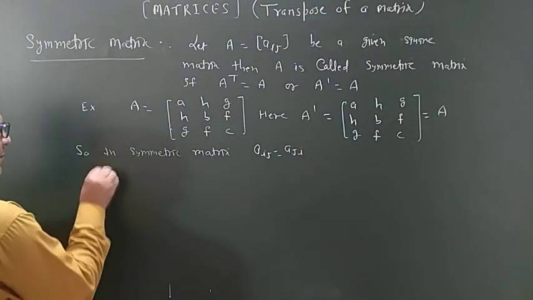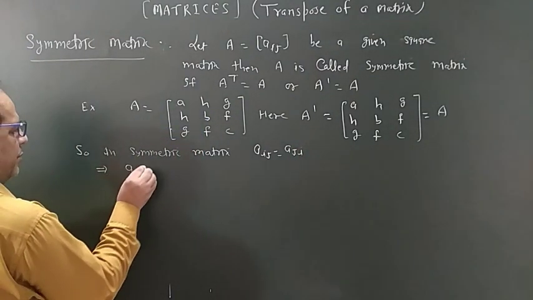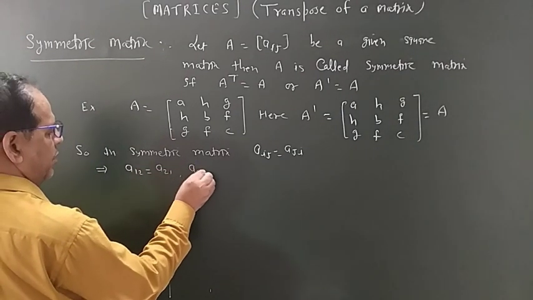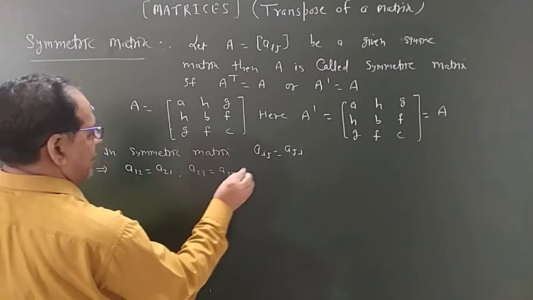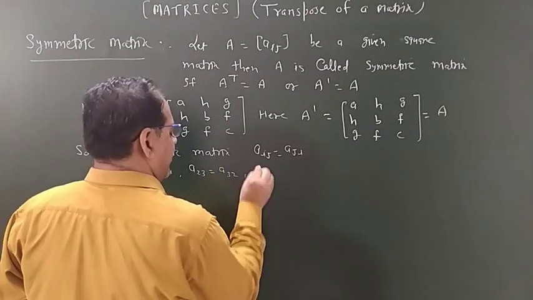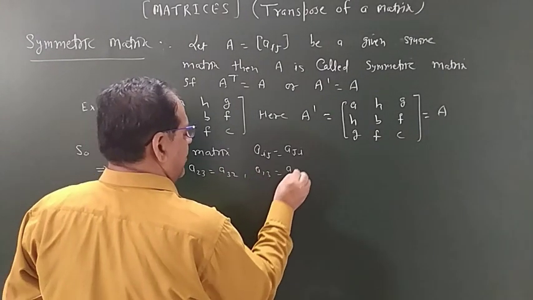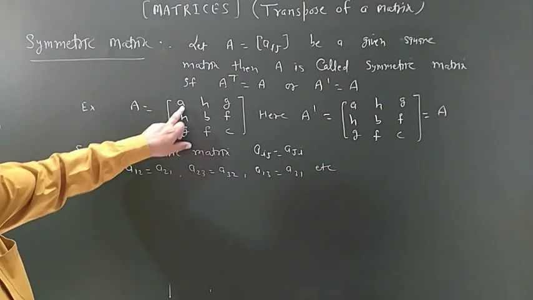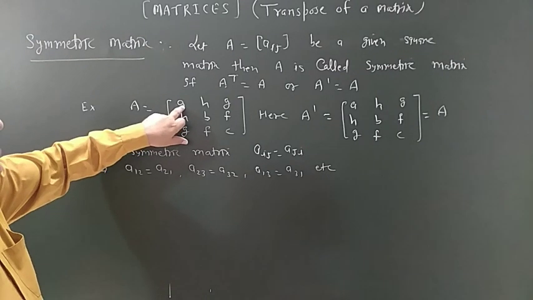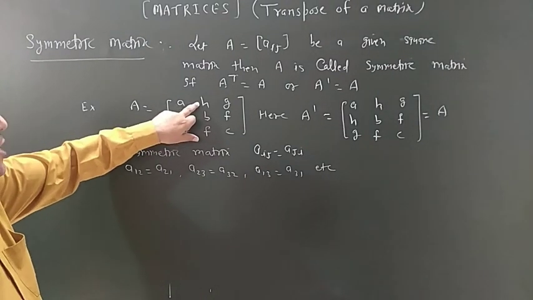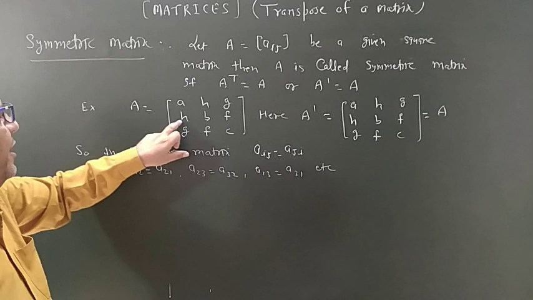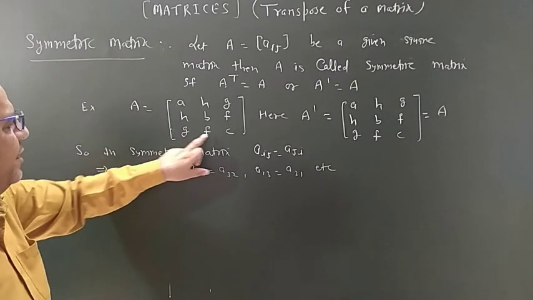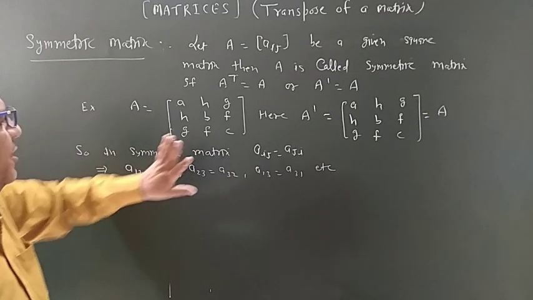This implies that A12 equal to A21, A23 equal to A32, A13 equal to A31, etc. We know that the entries are placed as A11, A12, A13, A21, A22, A23, A31, A32, A33.